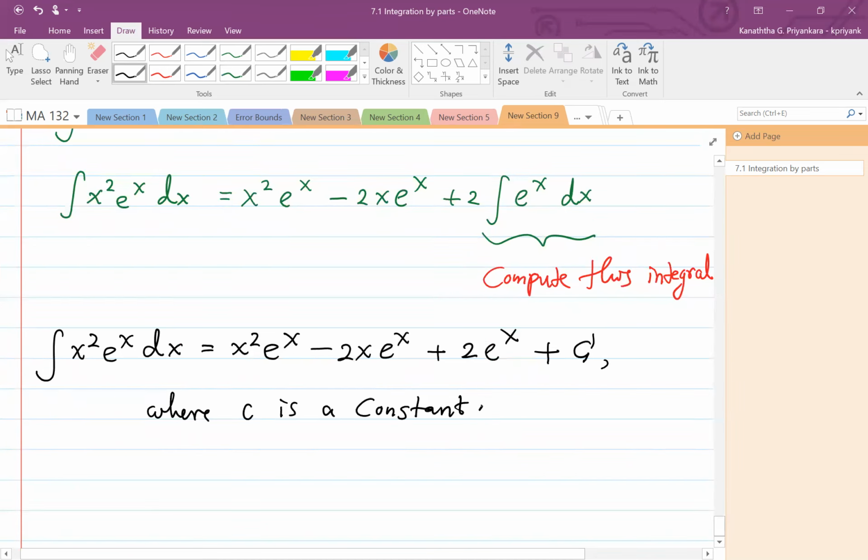Remember, in this problem we had to apply integration by parts 2 times. Sometimes you may have to use it more than 1 time, doesn't matter. You have to compute the integration by parts separately and substitute back into the original problem. So that's how we will do this. So I will stop here.